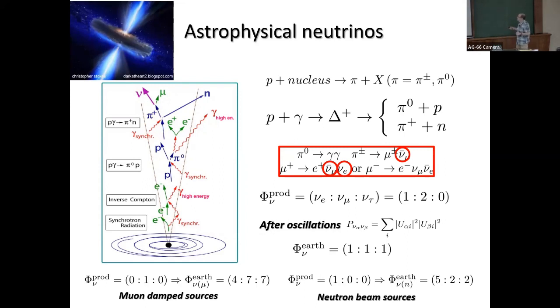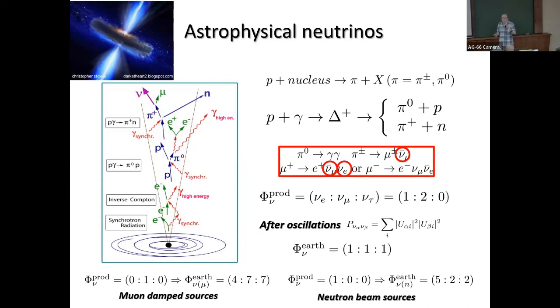For instance, you have a proton interacting with a synchrotron photon, and from that you get delta plus, and from that you get pi plus or pi zero. You can also have proton against proton. In other words, this is a possibility that is being proposed to explain how you can produce neutrinos from an extragalactic source, and it is currently being discussed. From this pi plus, you are going to get neutrinos. So in principle, it's pretty amazing.